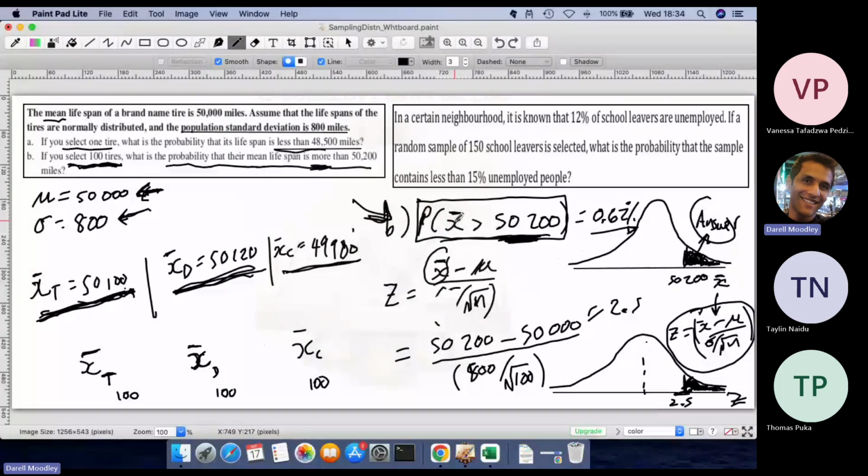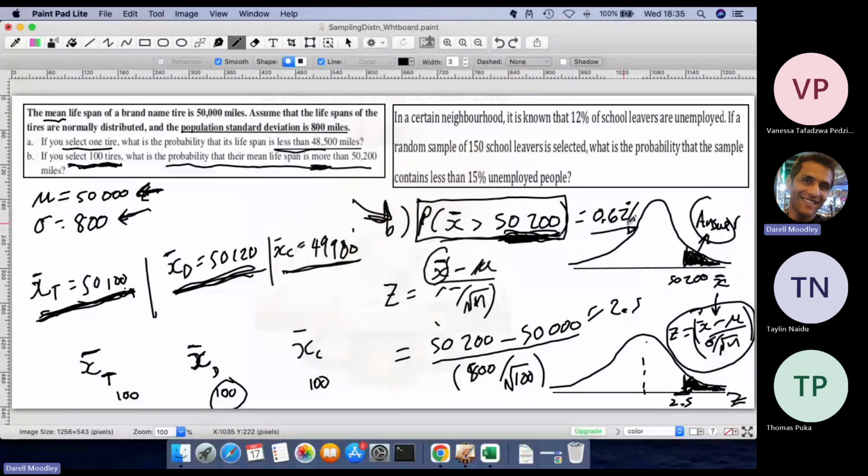If we can show that the average has a very good chance of lasting more than, say, 60,000 miles, it doesn't matter what sample we draw. Irrespective of who draws it, as long as the sample size is 100, if the chance of those tires lasting more than 50,200 has a high probability, then it's not a bad tire, because we want the tire lifespan to last long.